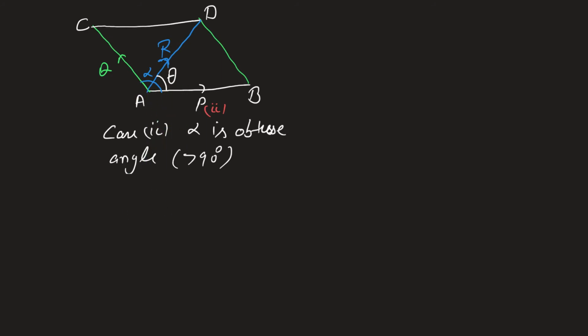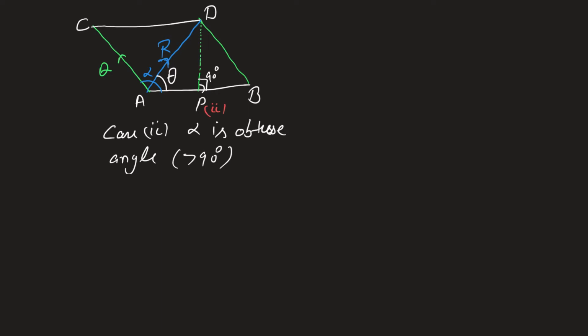Let me first complete, we draw this perpendicular. So this angle is 90 degree, and this angle is alpha.